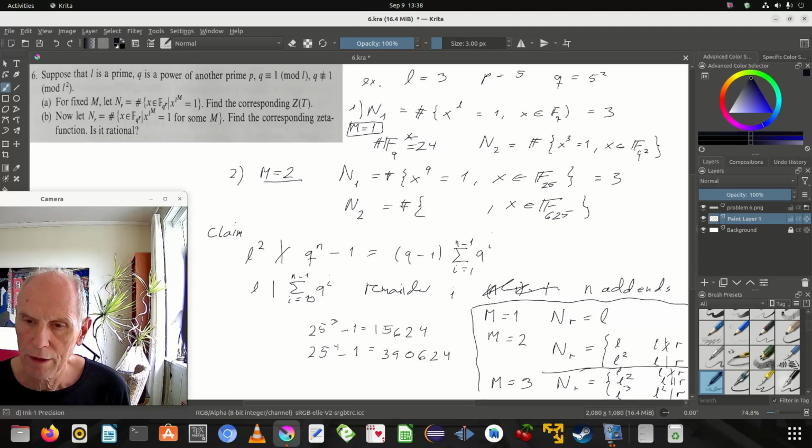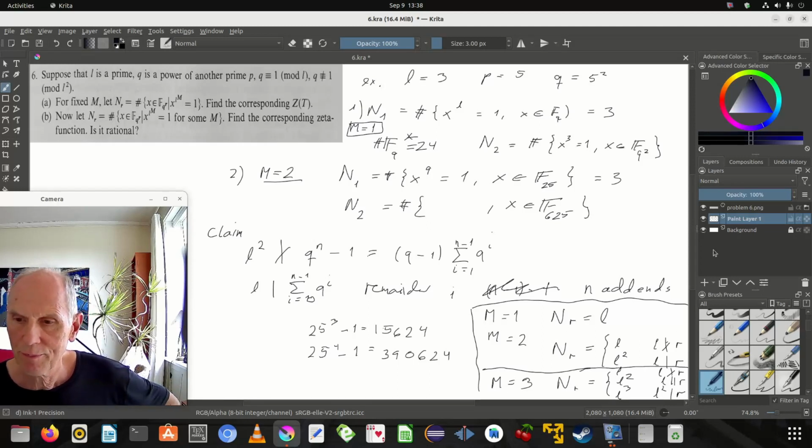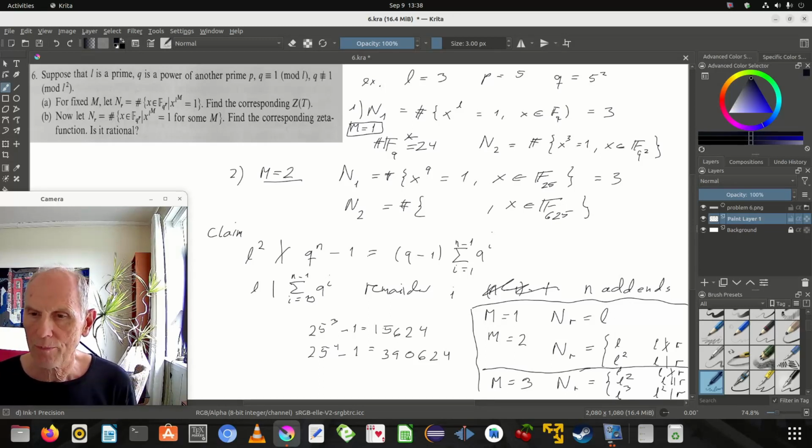And then we should compute the L function. In a systematic way, we start with the Z function for nr constant.